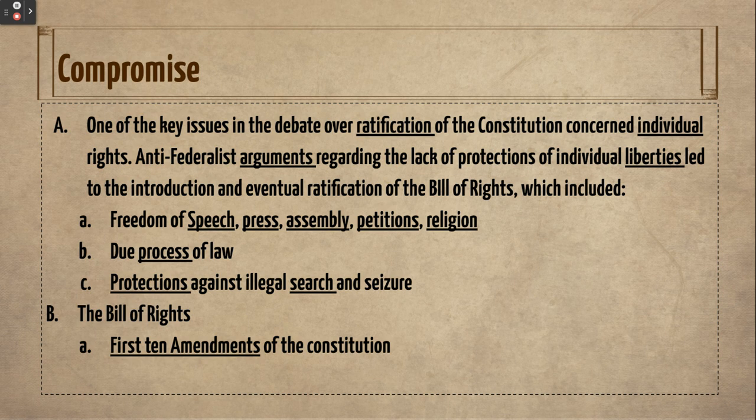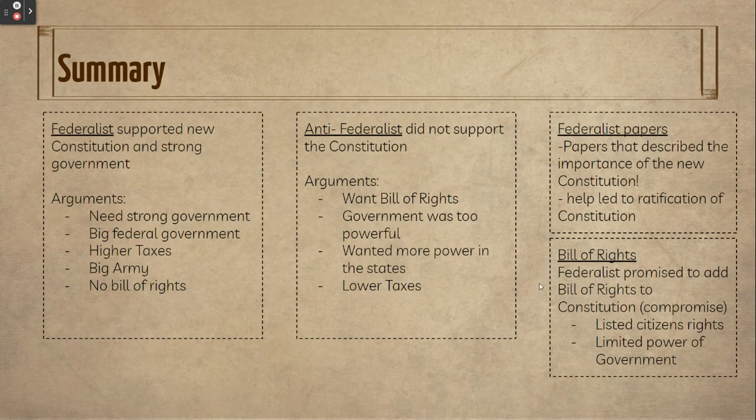So those are going to be our Bill of Rights, our first 10 amendments. This made both sides happy, and this is what gives us our US Constitution that we have today. So, because of this argument between the Federalists and the Anti-Federalists, we get the Bill of Rights.